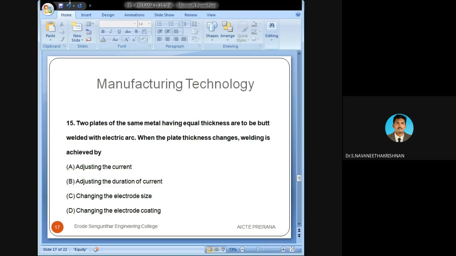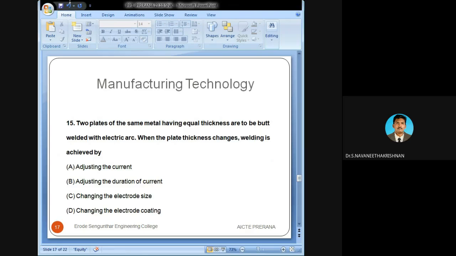The next question is, two plates of the same metal having equal thickness are to be butt joint welded with an electric arc.